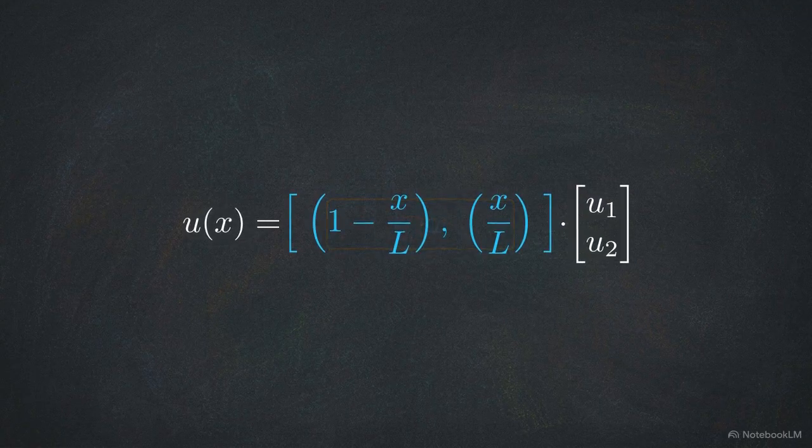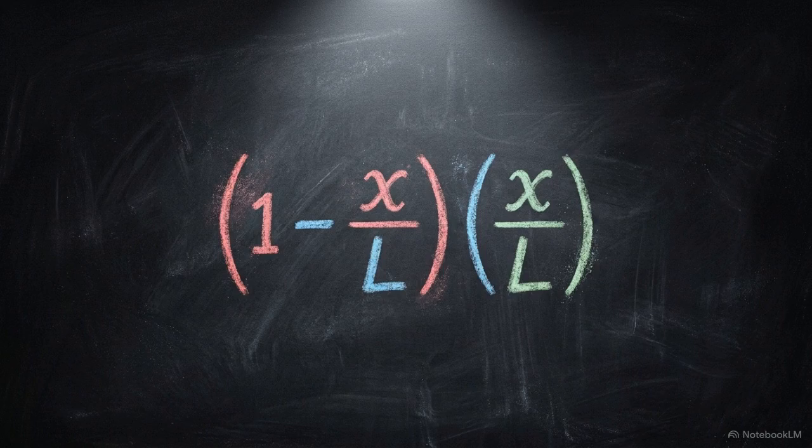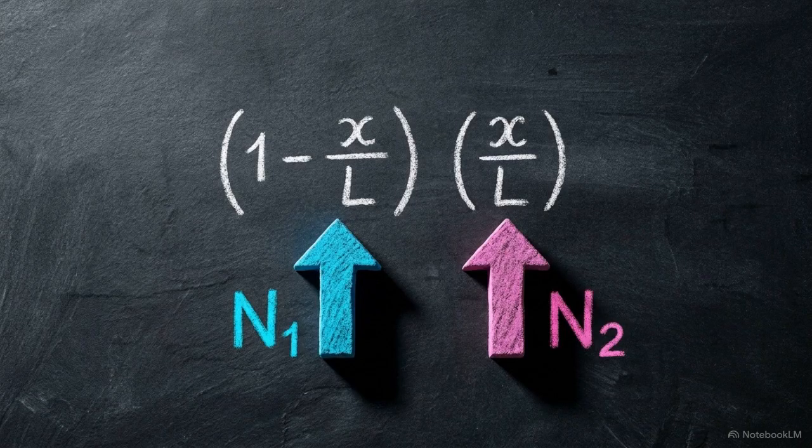The algebra simplifies neatly, resolving into a single row matrix containing two distinct linear components, 1 minus x over L and x over L. These two resulting terms are exactly what we have been looking for. They are N1 and N2, the final derived trial functions or shape functions for this element.